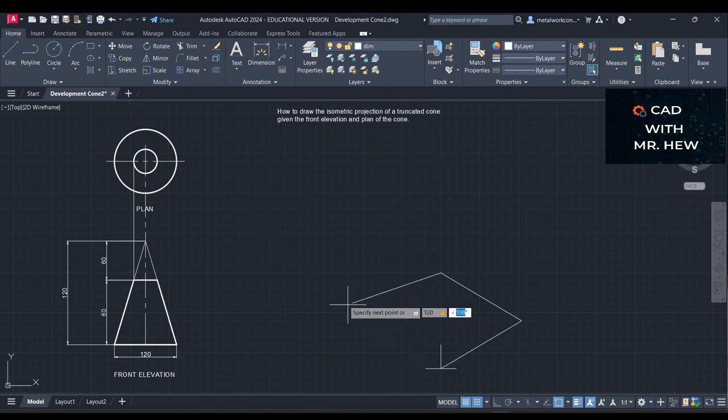Can you guess what the angle would be going down there? How much did you get? What's the angle you got? If you got 210 degrees, you are correct.